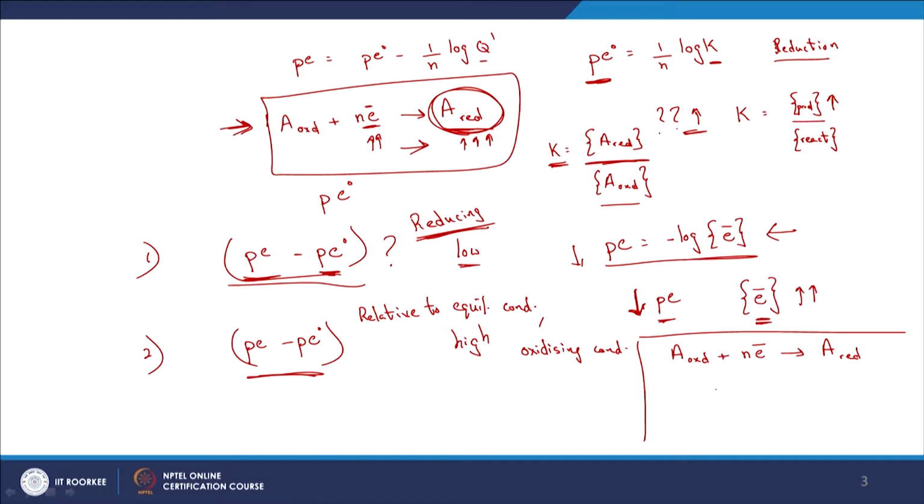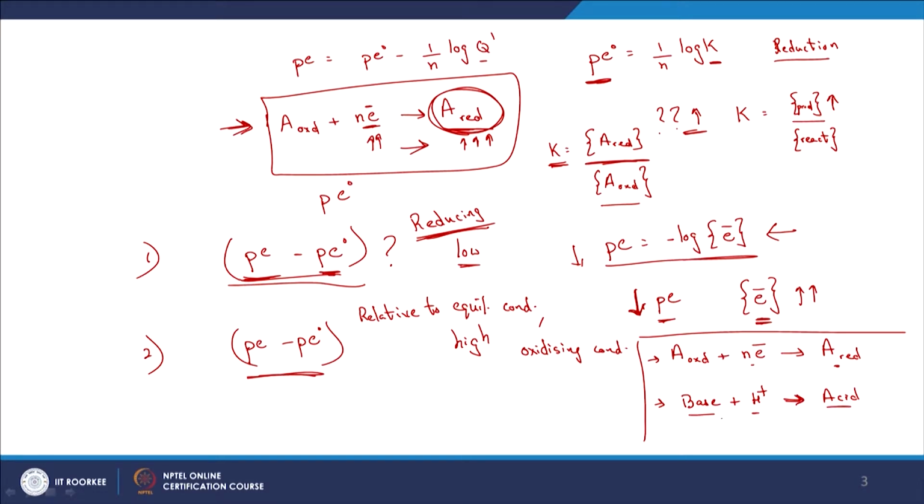It is similar to my base plus H plus going to my acid. In this redox process, the acceptance of the electron leading to formation of the reduced form is analogous to a base accepting the H plus and the acid being formed.